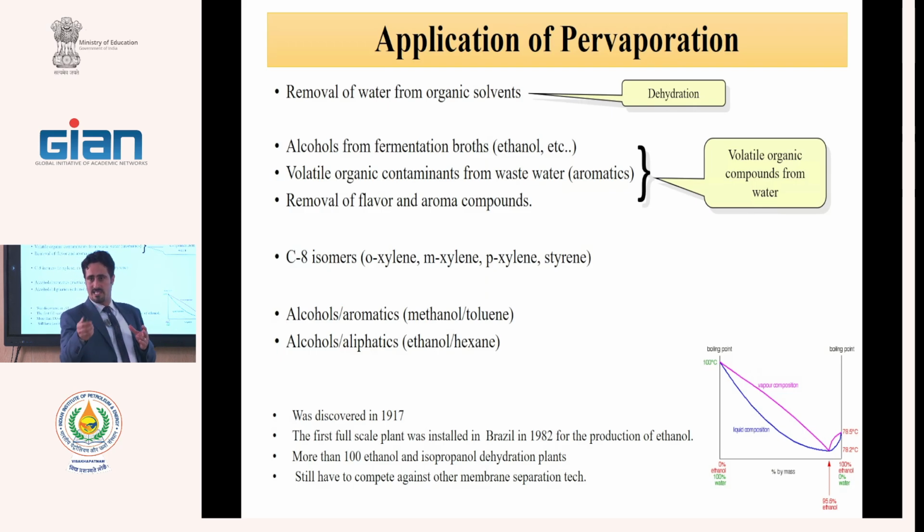Isomers, cis and trans, have similar molecular weight, and separation of them with UF and NF is not possible. But with pervaporation, we can separate isomers from each other.